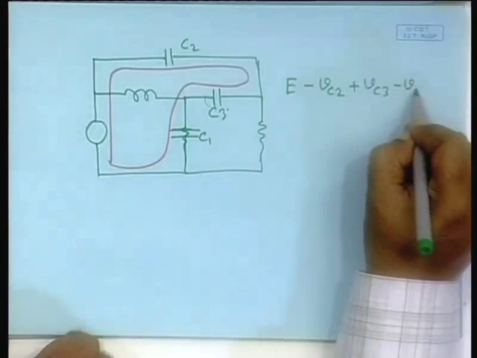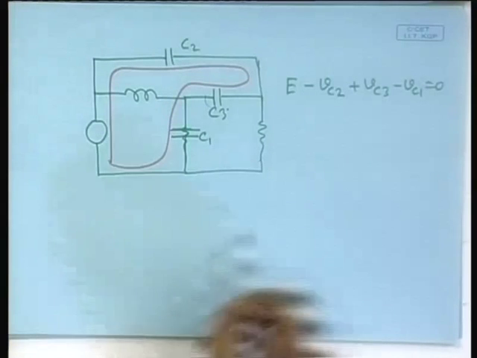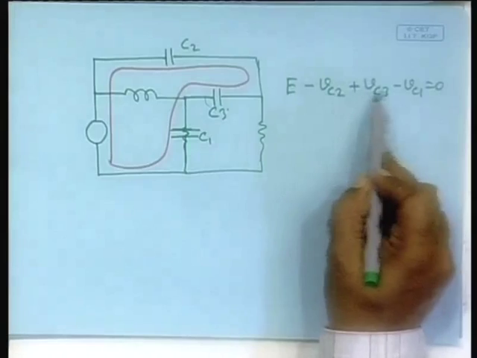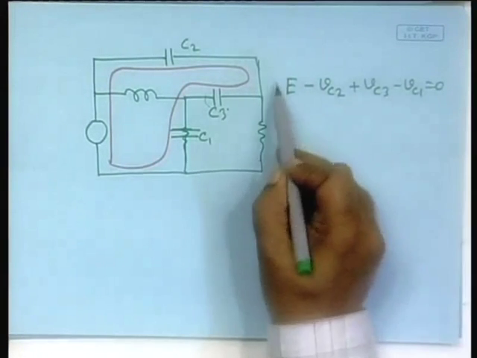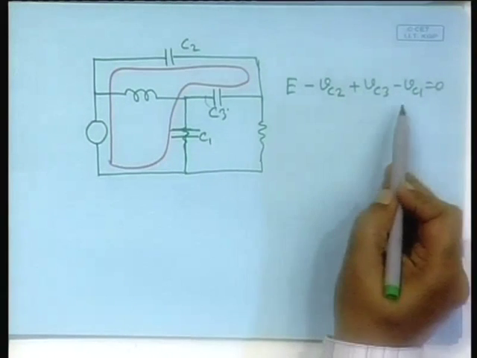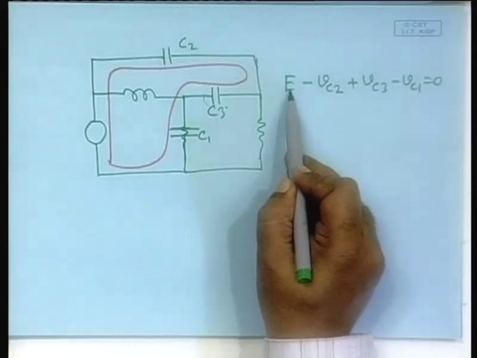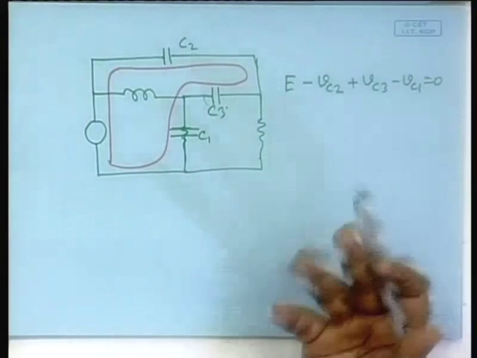So, minus Vc1 equal to 0. You notice that the voltages across the capacitors no longer remain independent. Why? Because they are related by this equation. All of them cannot be independent, because this is an externally applied voltage, this addition is 0. Therefore, these three cannot be independent.